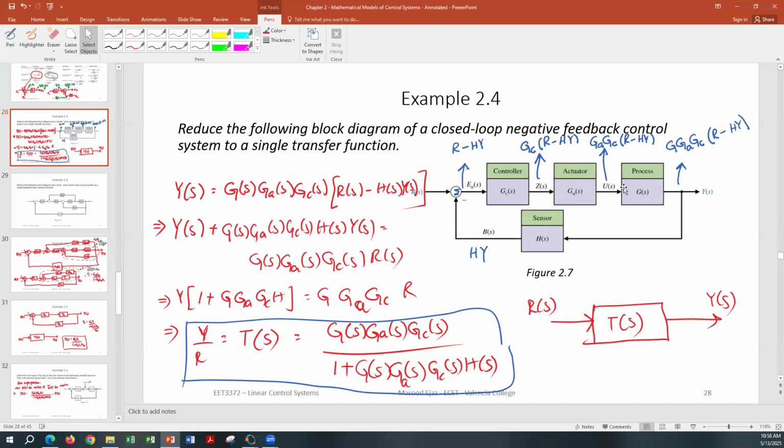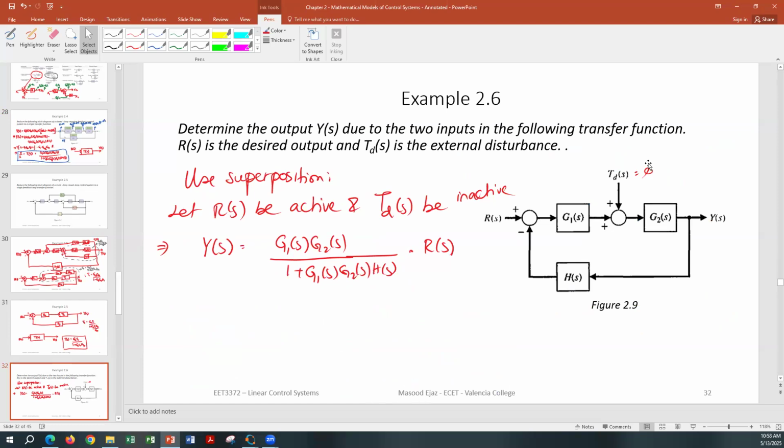G1(s), G2(s), in this case we have three of them, plus 1 plus that times H(s). Because when you eliminate T_D(s), T_D(s) is equal to 0, then there is nothing that is added here. So this summing amplifier is just going to be eliminated because you're not really adding two signals here. One is 0, the other signal is coming in. So the output will be only the signal that is coming in.